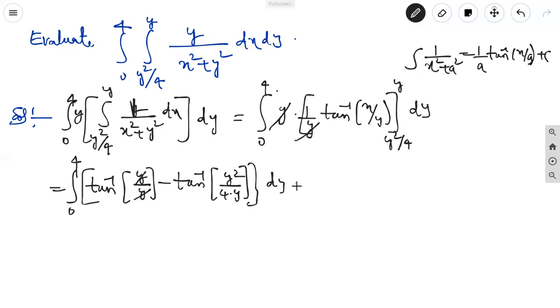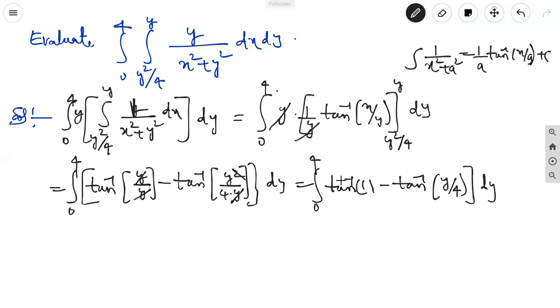The y cancels, that is integral 0 to 4 tan inverse 1 minus tan inverse of y by 4 into dy. Tan inverse 1 is pi by 4, so integral 0 to 4 of pi by 4 minus tan inverse of y by 4 into dy.